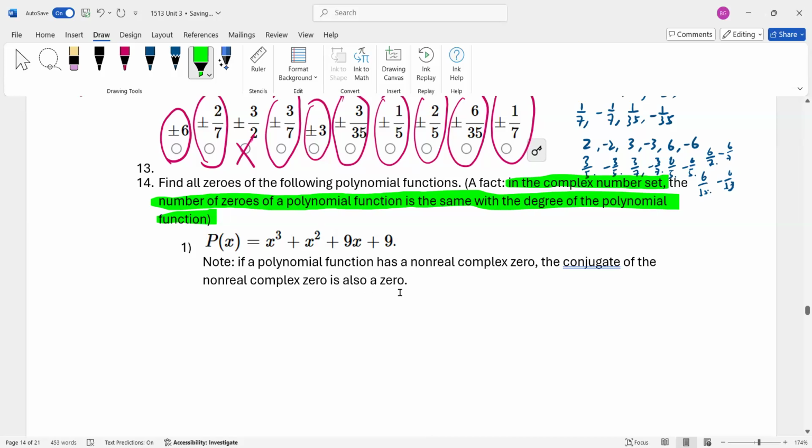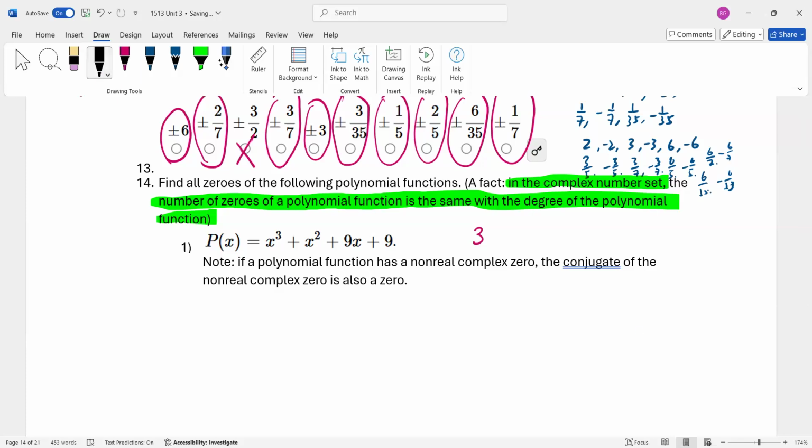Since the polynomial has degree 3, we need to find all three zeros in the complex number set. And this polynomial is kind of special. The reason I say it is special is because it is easy to factor.